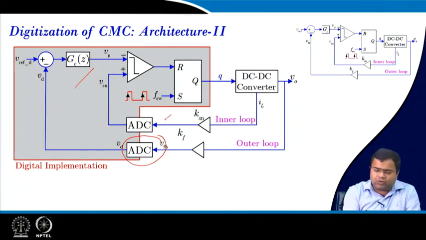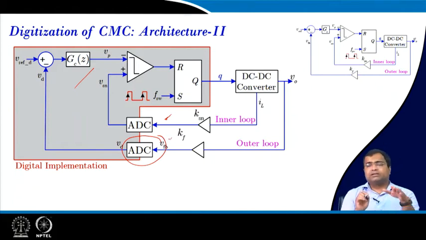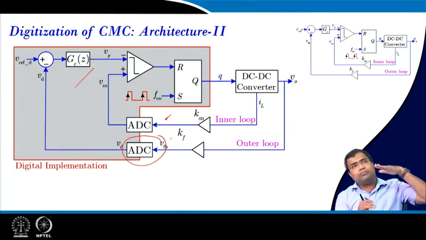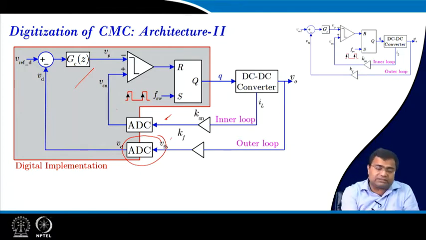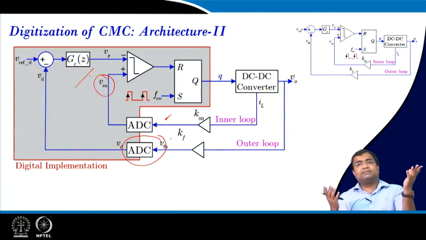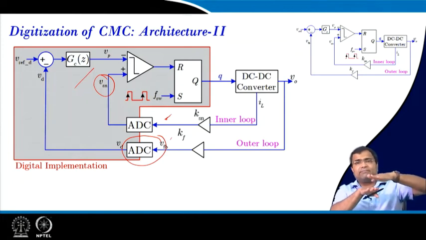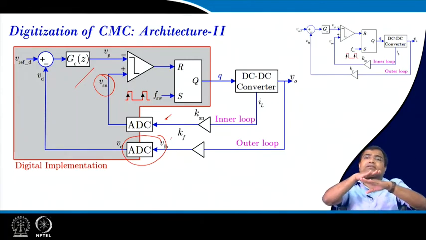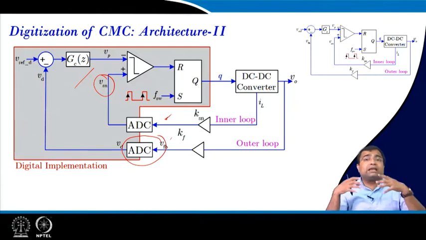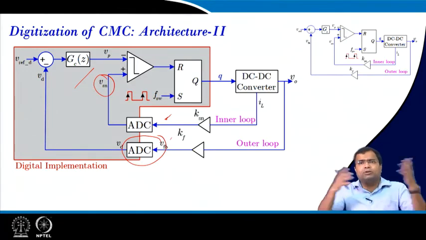If you take only one value of the current and one value of the voltage, then the current reference will be fixed for the same duration. Sample inductor current which is here, sample, that will also be fixed. So either the current difference can be above sample value of the current, then the whole cycle will be on, or the current sample can be above the current difference, then the whole cycle will be off. So you cannot get an on-off operation, either will be fully on or fully off.